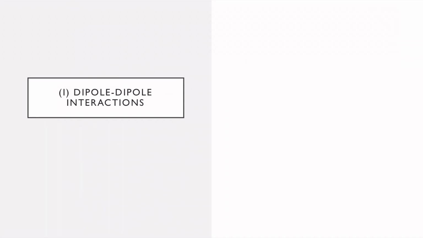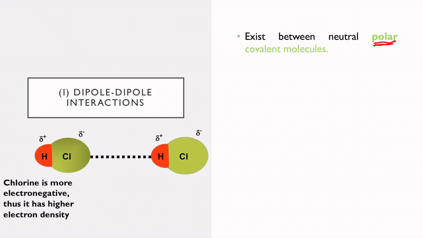First, dipole-dipole interaction under van der Waals forces. It exists between neutral polar covalent molecules. So polar molecules only will have dipole-dipole interaction. Remember seeing delta plus and delta minus?